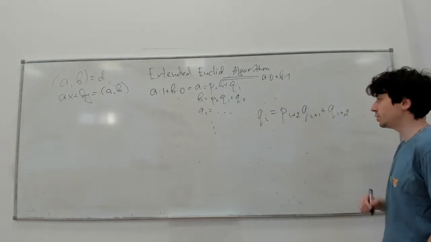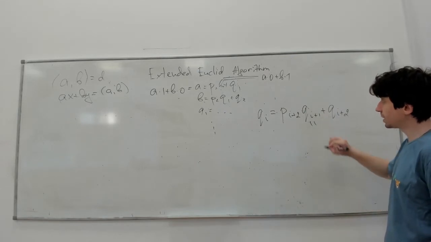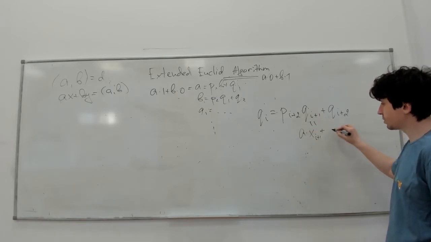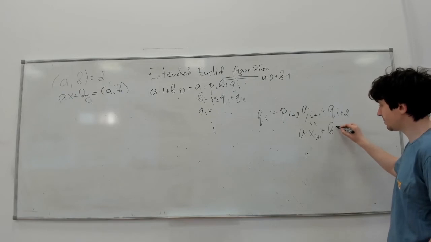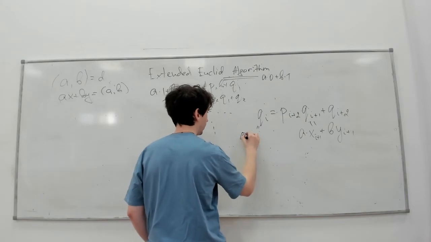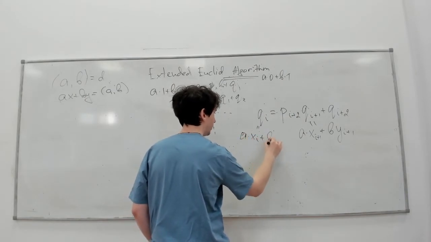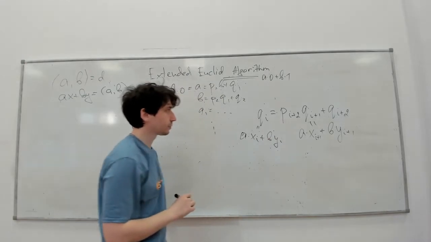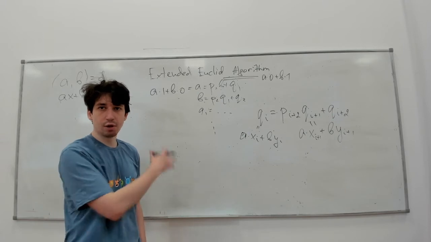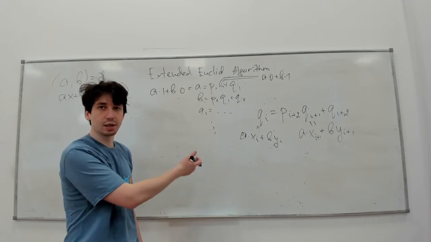And we know that Qi plus 1 is A times xi plus 1 plus B times yi plus 1, and this one is A xi plus B yi. So you know the representation of each number in this form.